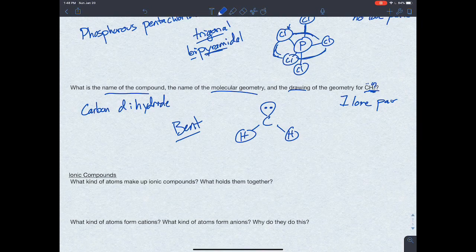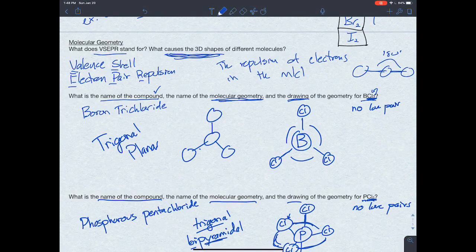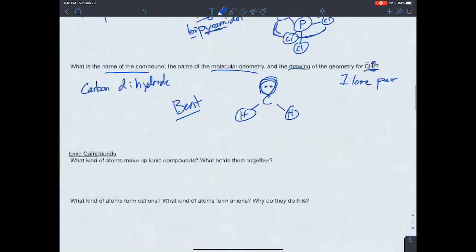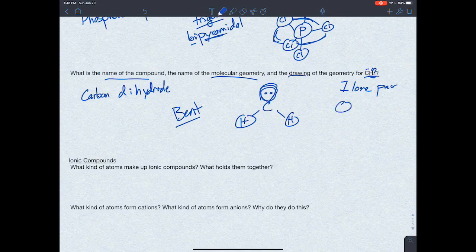Bent, okay? So, including the lone pair of electrons, this is the same as this, trigonal planar. But when we're naming it and drawing it as a ball and stick model, we do not include lone pairs of electrons. So just looking at the atoms themselves, it is bent. This is a bent geometry.